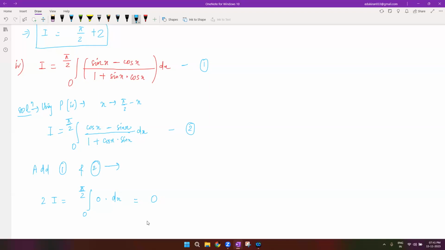Please check the answer for this question. Does anyone have NCERT? Austin, do you have NCERT right now? Please check the answer for question 15 from exercise 7.11. If somebody can confirm this answer, please.